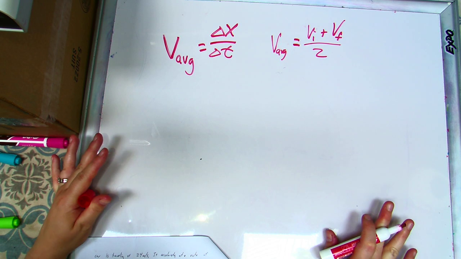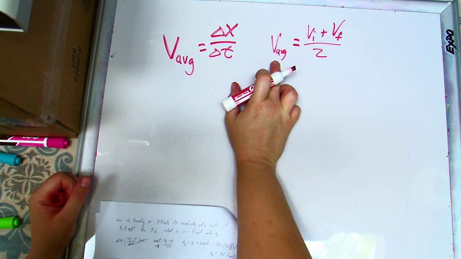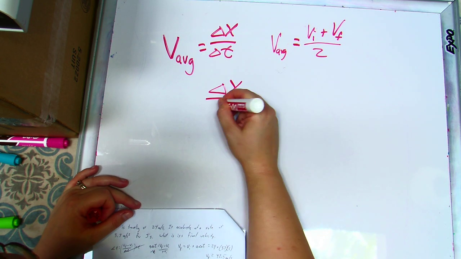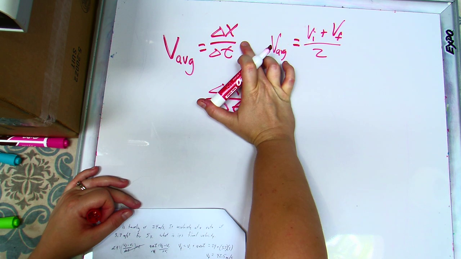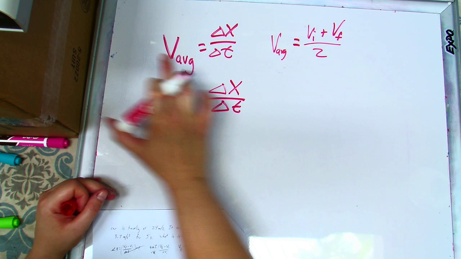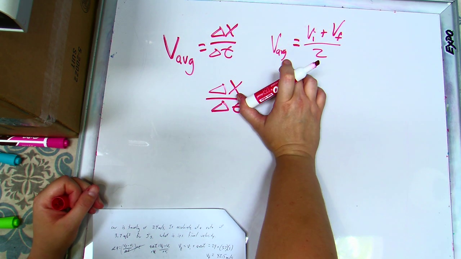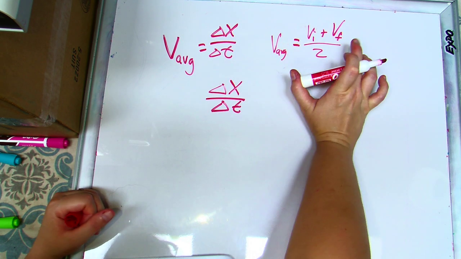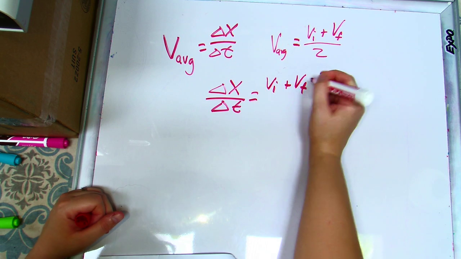So what we're going to start doing is setting these equal to each other, because both of them are equal to the average velocity. So if delta x over delta t is equal to average velocity, and vi plus vf over 2 is equal to average velocity, then delta x over delta t must equal vi plus vf over 2.